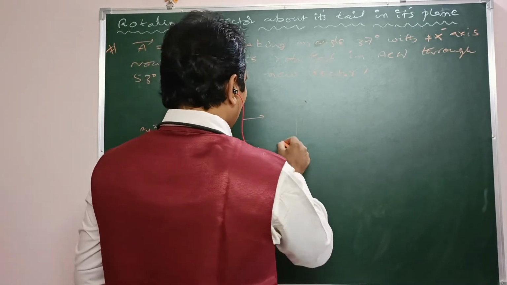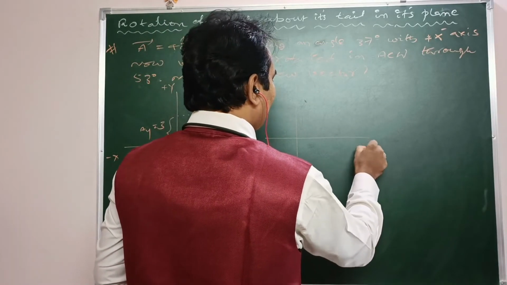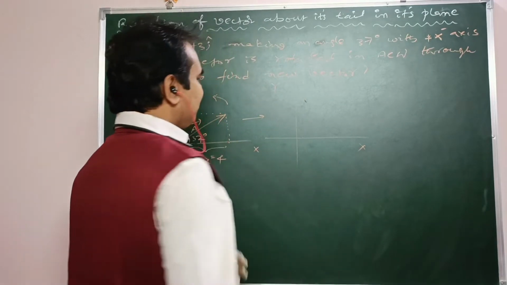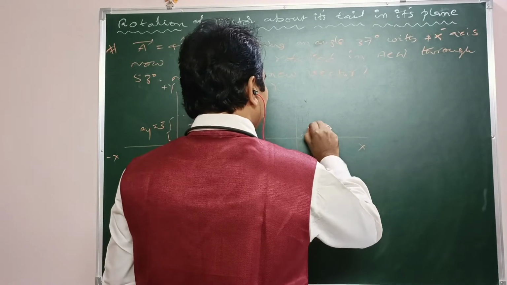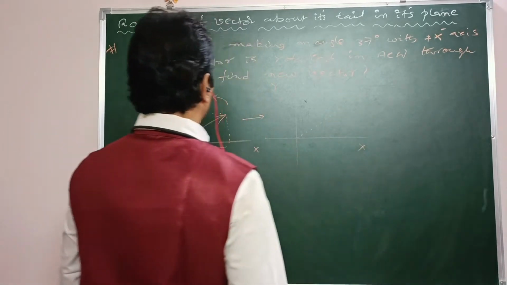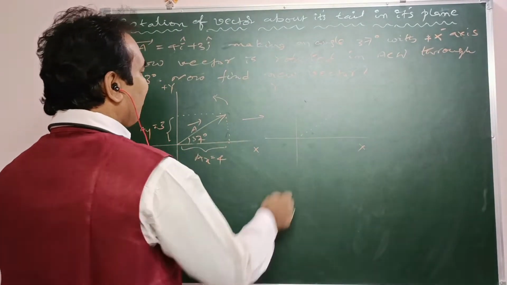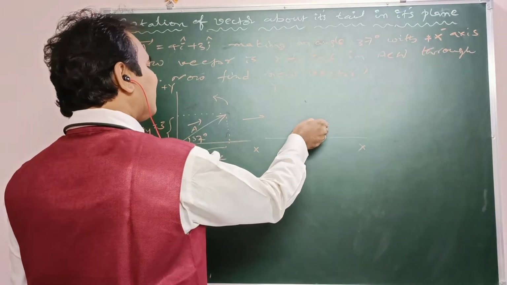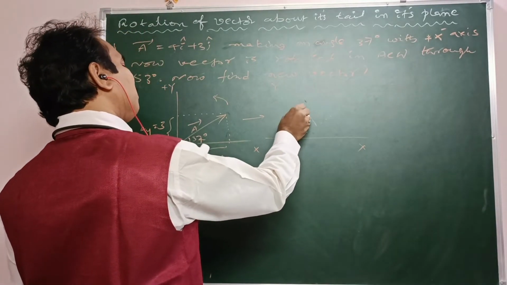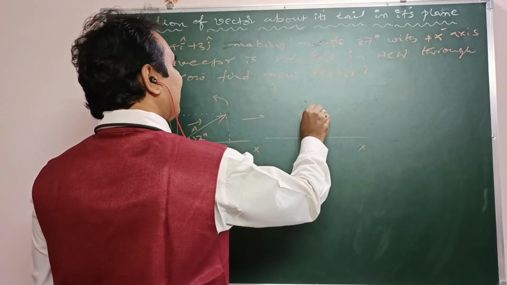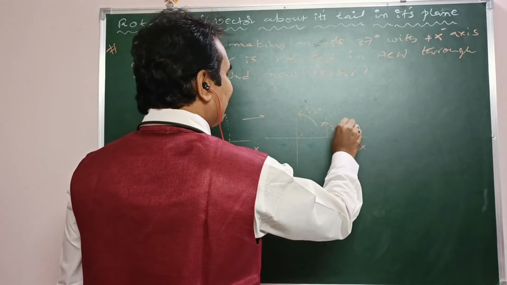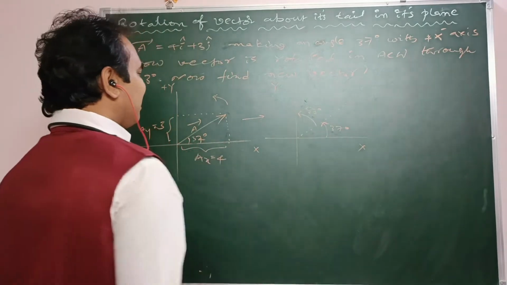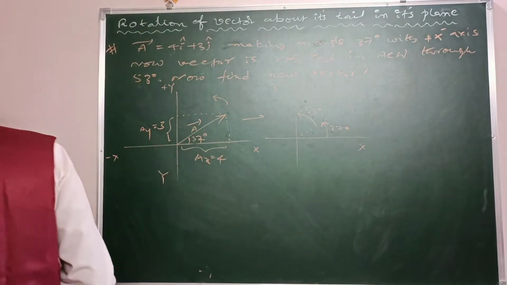Now this is the xy plane, right? This is the direction of the previous vector, 37 degrees. From this position, the vector is further rotated through 53 degrees. Previously it is 37 degrees, 37 plus 53 is 90 degrees.